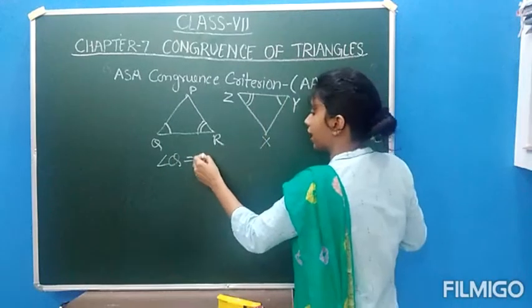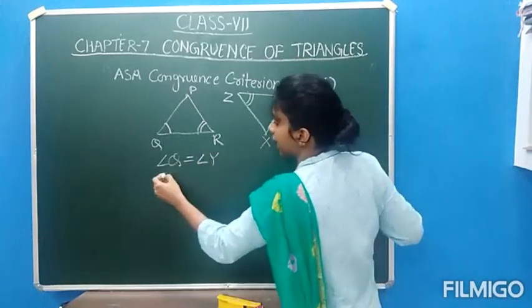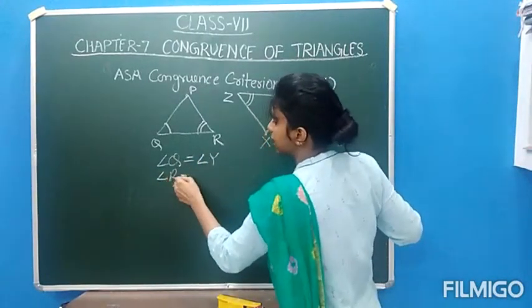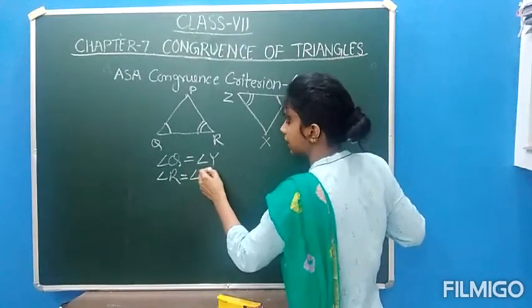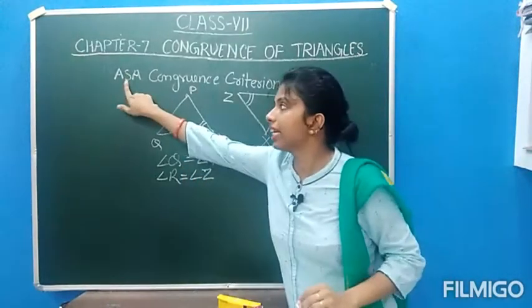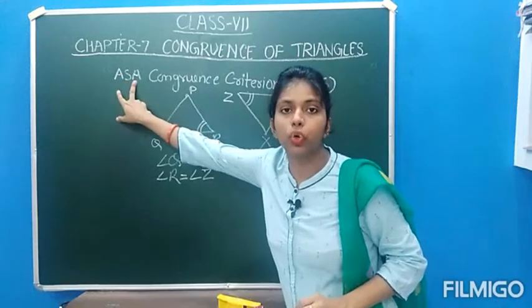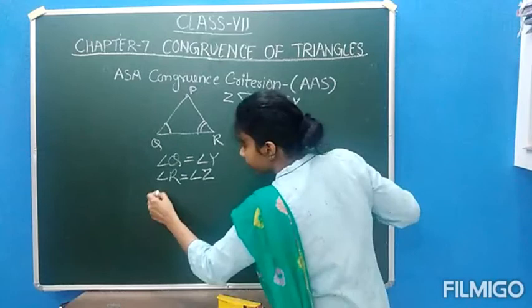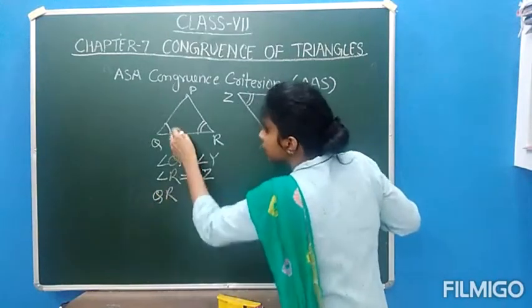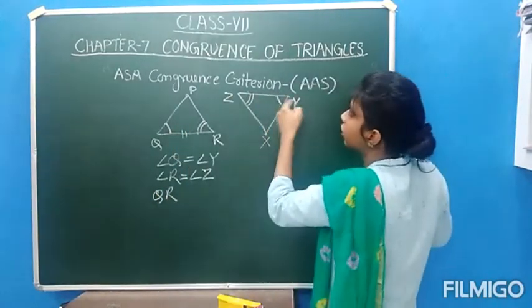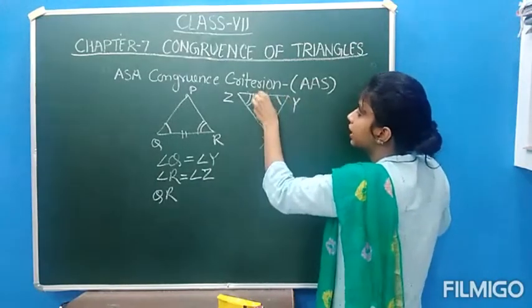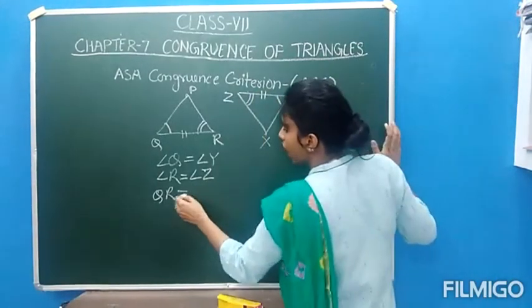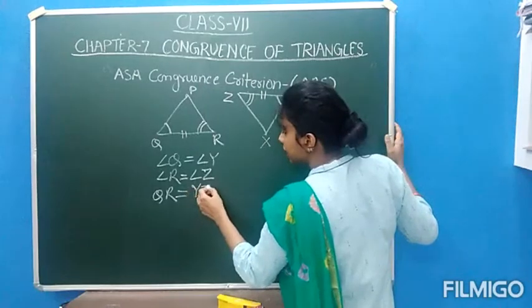Now the third thing is the side between the two angles. Here the side between them is QR. This side QR is equal to the side between the two angles, that is YZ. So QR is equal to YZ.